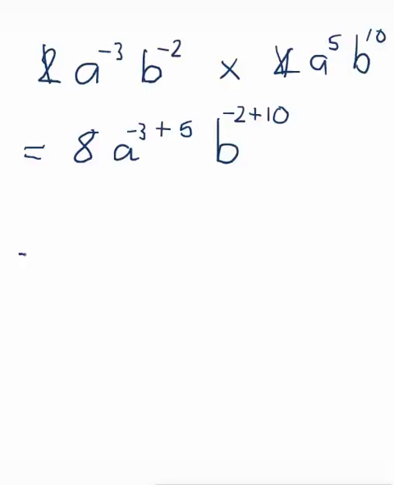And that helps me because now I can visually see what I am calculating. So my base numbers, I'll have a and b remaining there. But with my a, I have -3 plus 5. Well, -3 plus 5 is a +2. And over here, I've got -2 plus a 10. And -2 plus 10 leaves me with a +8.